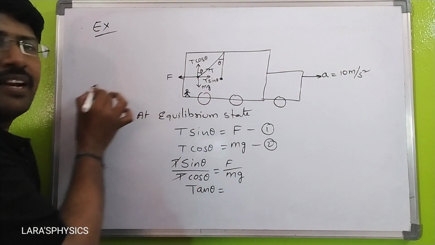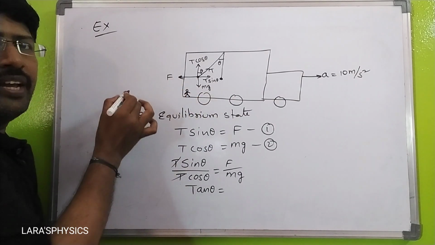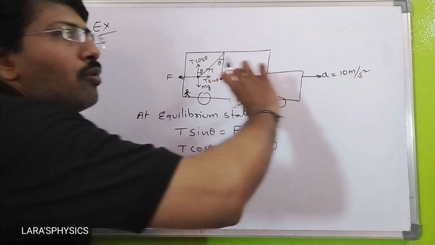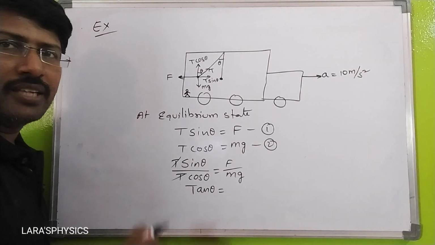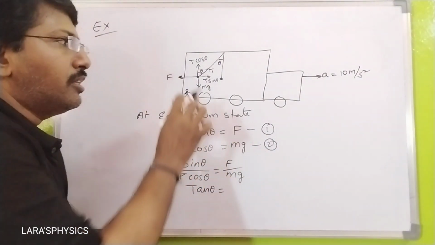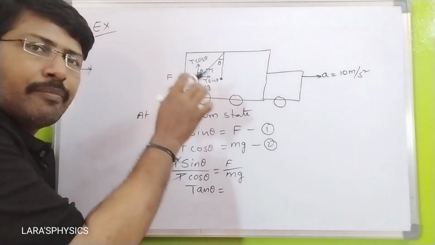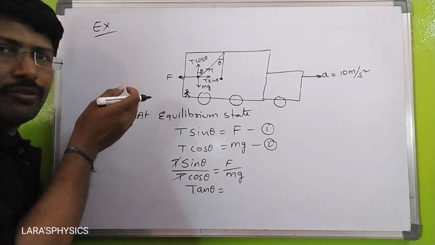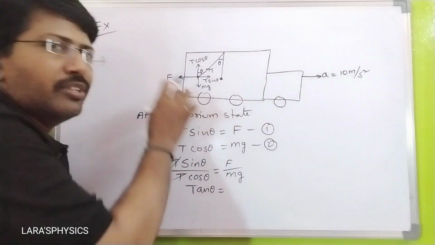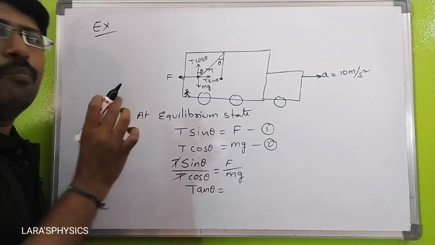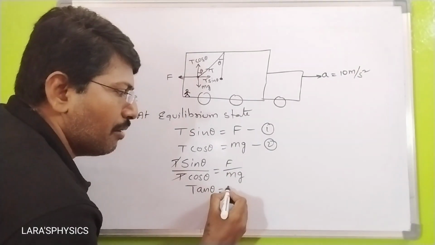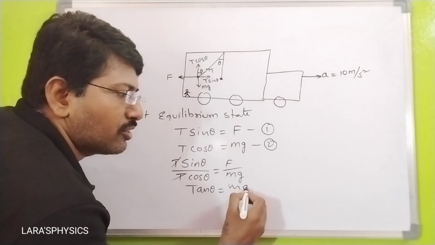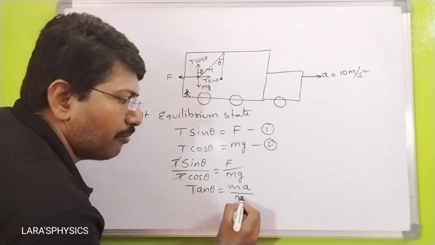The bob is accelerated backward with acceleration a. Why? Because the trolley is moving forward with acceleration a, and the bob experiences the same acceleration in the opposite direction because of the pseudo force. So it is the mass of the bob times the acceleration of the trolley, divided by mg.